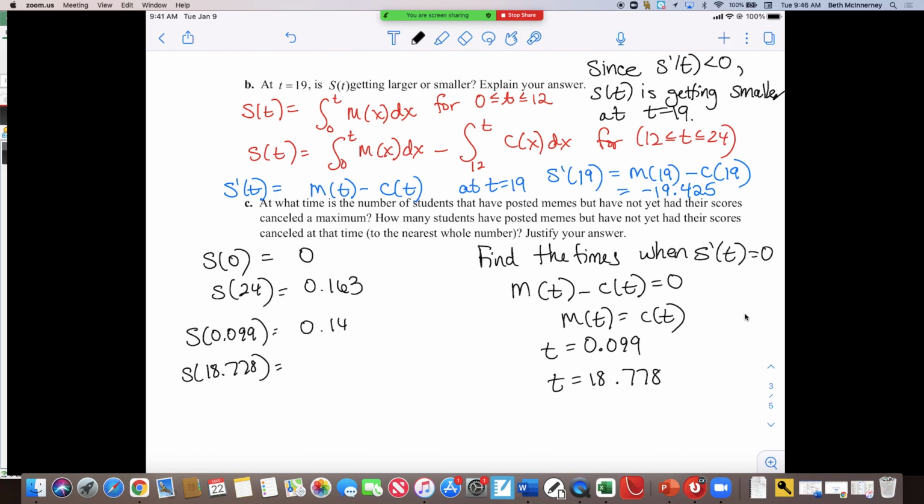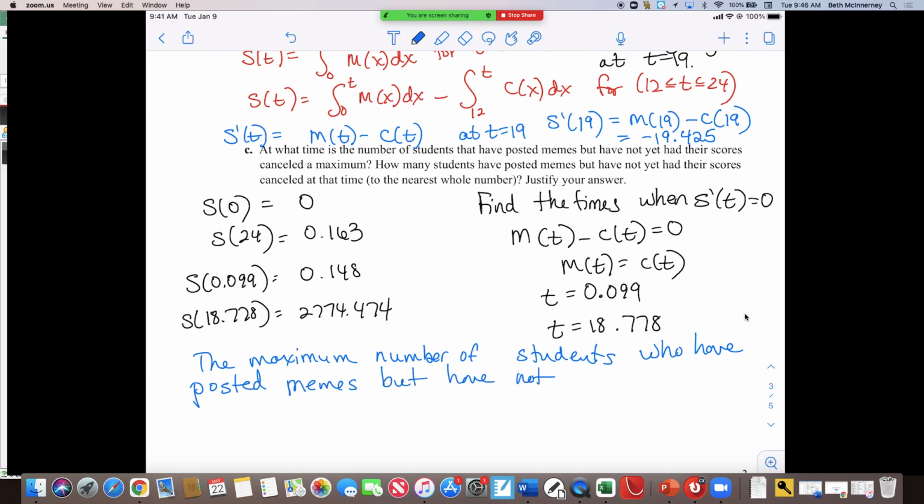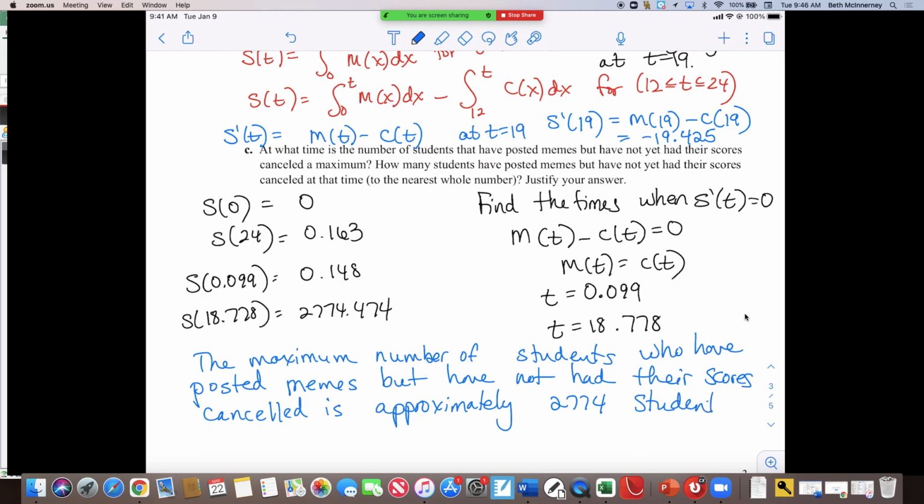And again, because of time, I already did the computations. And then here's how I would write that out.